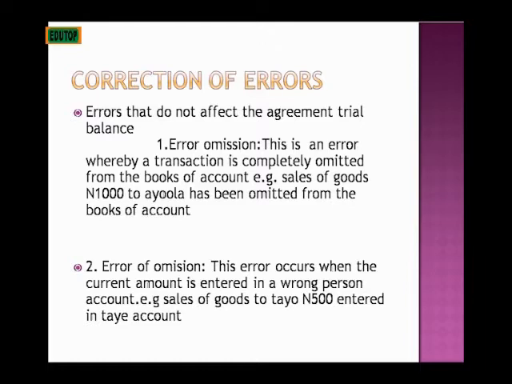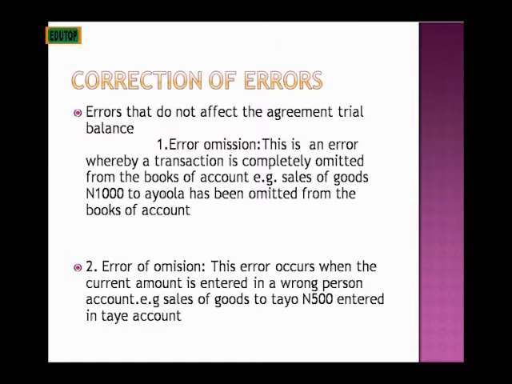Under it, we have error of omission. When we're talking about error of omission, in the trial balance we have the debit and credit side.